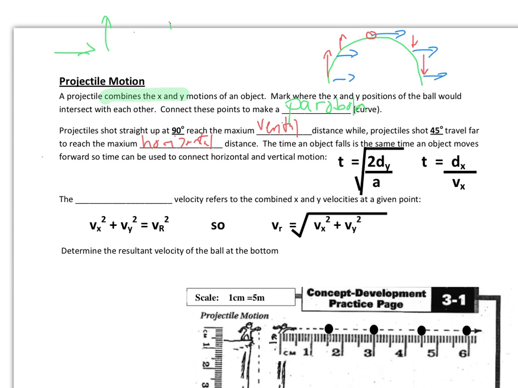That maximum horizontal distance is going to come because I'm not wasting all of my energy in the vertical direction, and I'm also not wasting all of my energy in the totally horizontal direction either. I've got kind of the median, or the best of both worlds.